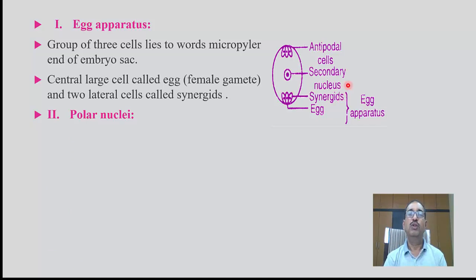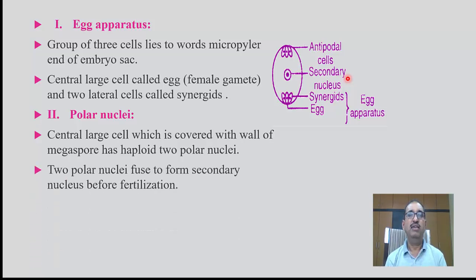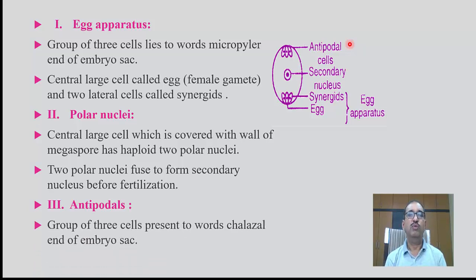Second part, polar nuclei. The central large cell, which is covered with the wall of megaspore, has 2 haploid polar nuclei. These 2 polar nuclei fuse to form secondary nucleus before fertilization. Antipodal cells. A group of 3 cells present toward the chalazal end of embryo sac is called antipodals.